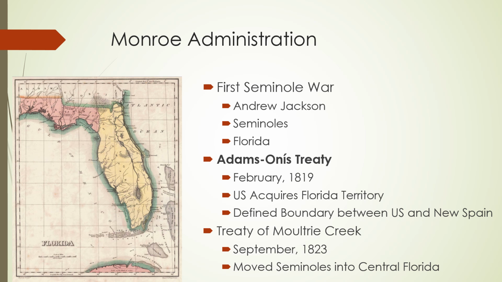After the War of 1812, the United States creates the state of Alabama and the state of Mississippi. So we now have Georgia, Alabama, Mississippi right there in a row, with Florida beneath them, south of them. So Jackson's told to remove the Seminoles from U.S. territory, but Jackson takes it a step further and he invades Florida.